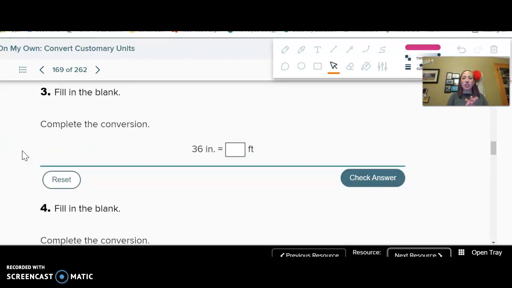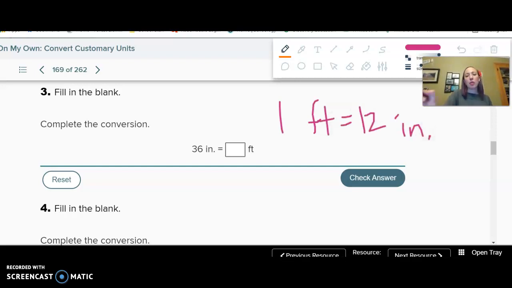All right, 36 inches equals how many feet? Use your packet, give it a try. All right, I hope you got it. Remember, 1 foot is 12 inches. It's always good to think about, okay, what do I know that connects these two things? Oh, I know 1 foot is 12 inches, and I'm going from something smaller to something bigger, so I need to divide.